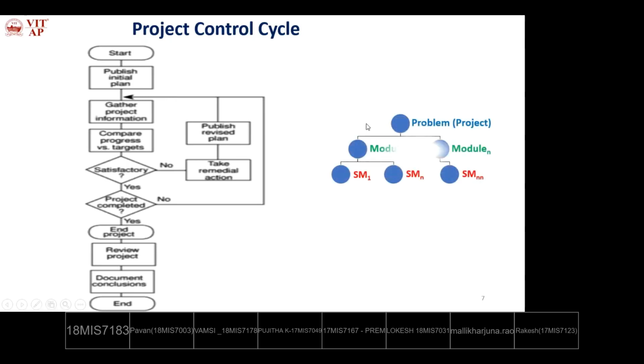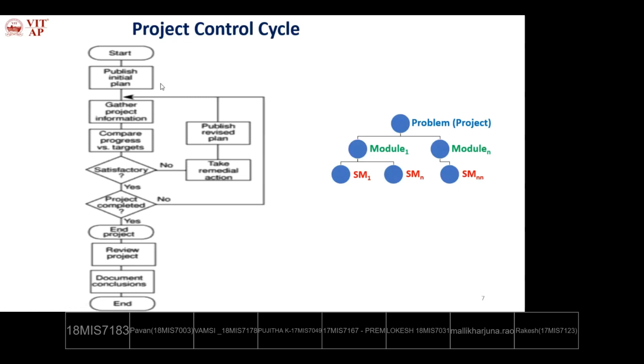Now, the project control cycle, in order to control the whole project. We start the project and publish the initial plan, that is, collecting the requirements from the client for the whole problem. After collecting the requirements, refine them as per the industry need, satisfying the user or client.